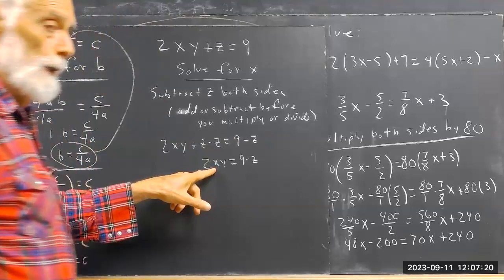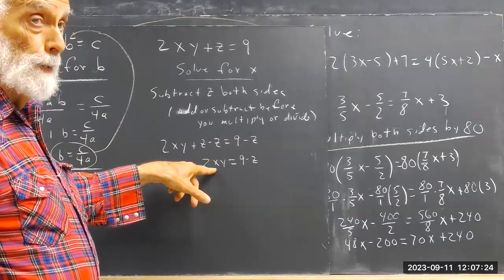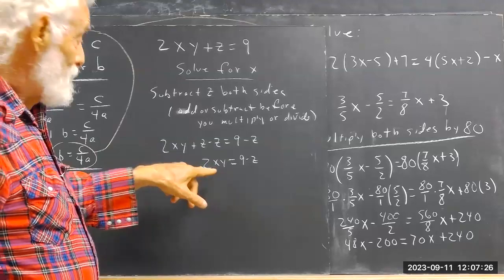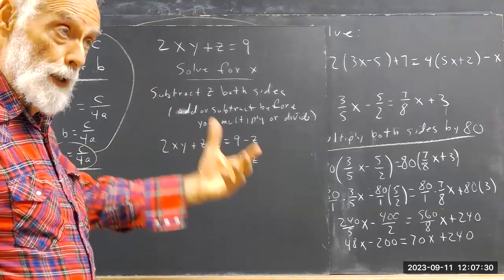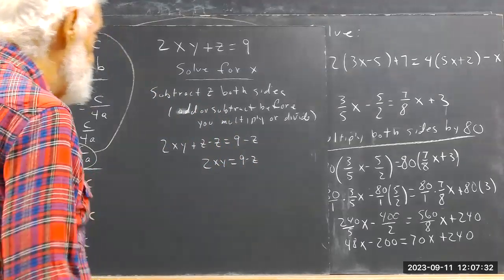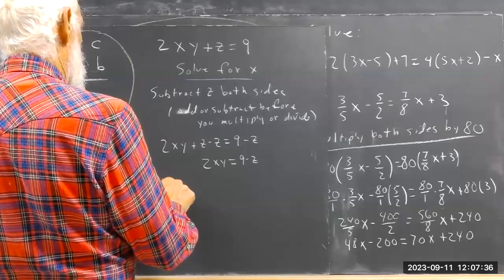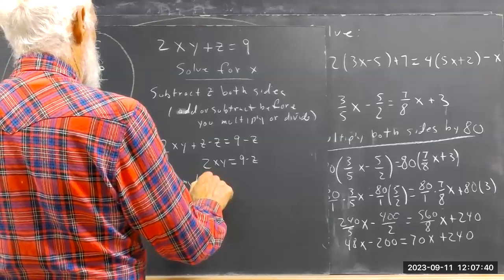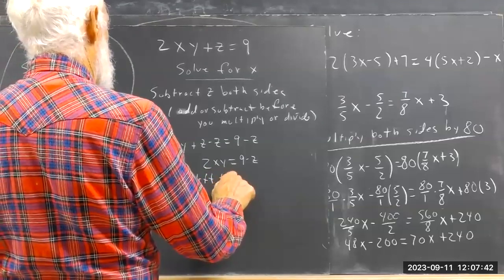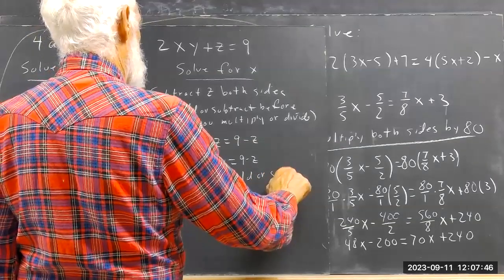Okay, well, there's nothing left over here with X to add or subtract, so X is multiplied by 2y. You're going to divide by 2y. Go ahead and do that while I'm writing this out.